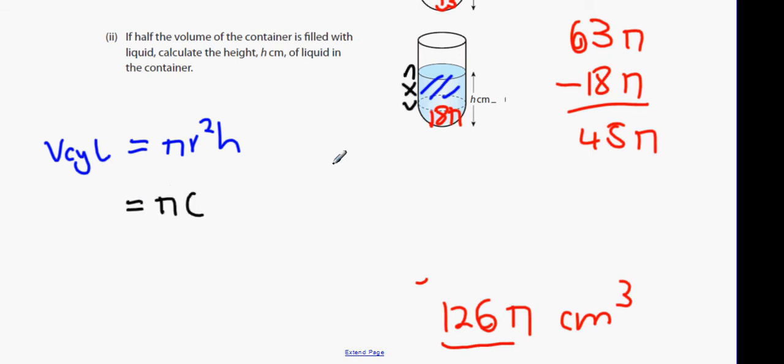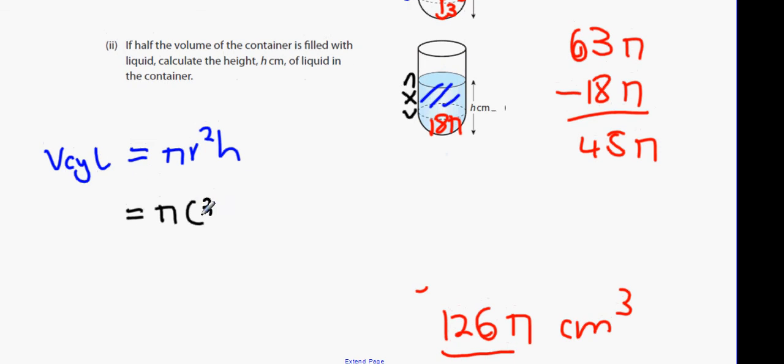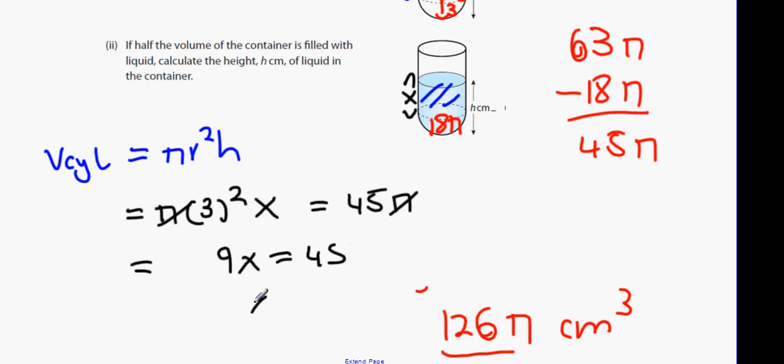It's therefore pi multiplied by, what's the radius of this again? 3 squared multiplied by x. And that has to equal 45 pi. What we're going to find out now is the pi's will cancel, and we'll get 9x equals 45. x therefore is equal to 5. The height of this cylinder of water is 5.